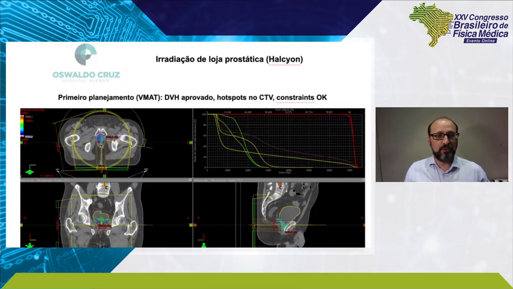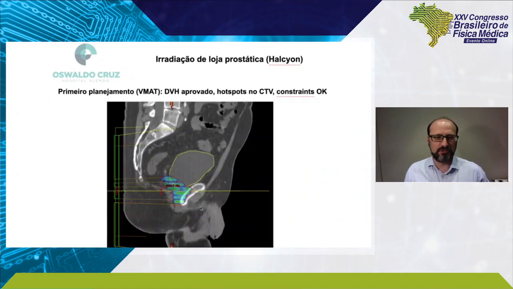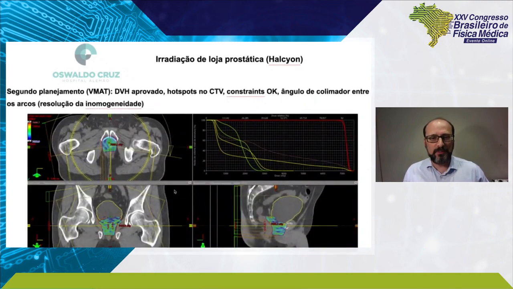Só que na hora da aprovação, o médico gosta de olhar a distribuição de dose em color wash e não em isodoses. E o que a gente viu foi que havia algo estranho na reconstrução sagital, que eram esses strips, com pontos até de subdosagem, tanto no apical quanto mesmo dentro do CTV. E o que nós identificamos, de novo, isso era muito no início do Alcyon, ainda em 2018, é que havia necessidade de angulação do colimador para compensar esses jaws que não andavam isoladamente.